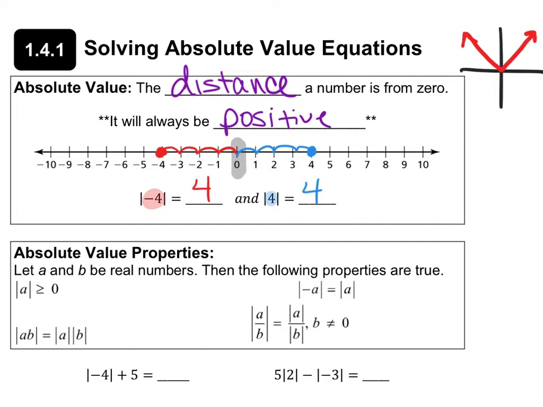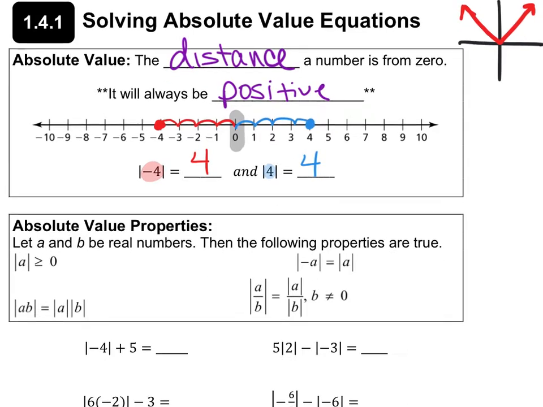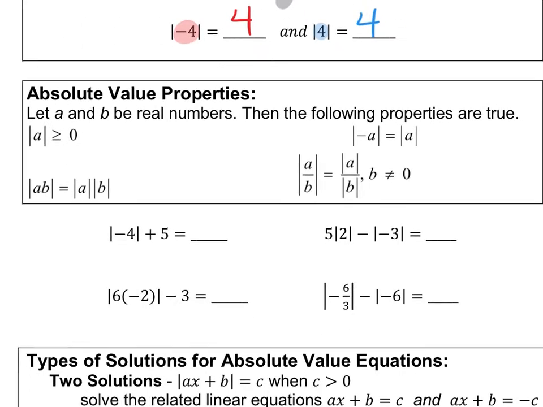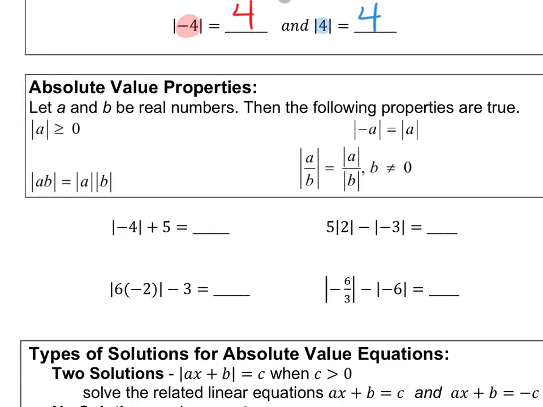Now there are some properties to do with absolute value numbers, just like there are properties of positive and negative numbers. Here they are in math speak, but let's translate that into words that make sense to us. So absolute value of A greater than or equal to 0 just says that it can never be negative. So absolute value can never be negative. That's what that little math sentence is telling us.